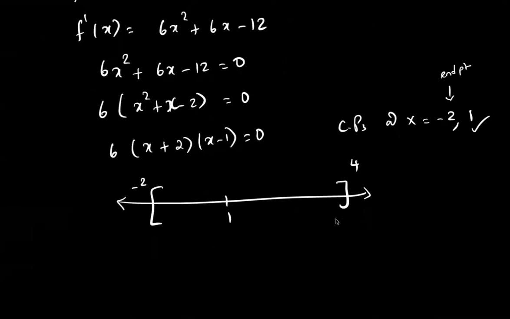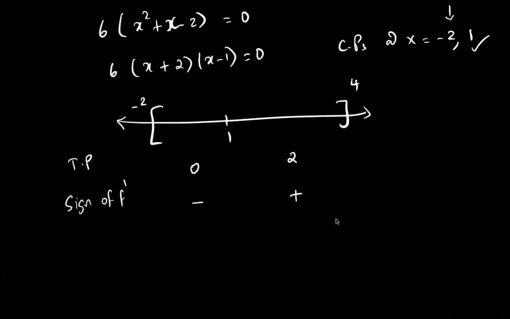Then I'm going to take a test point less than 1 but greater than -2. So what can I take? 0. And then here I take 2. Then I do the sign of f prime. If x is 0, f prime would be negative, and then this is positive, right?